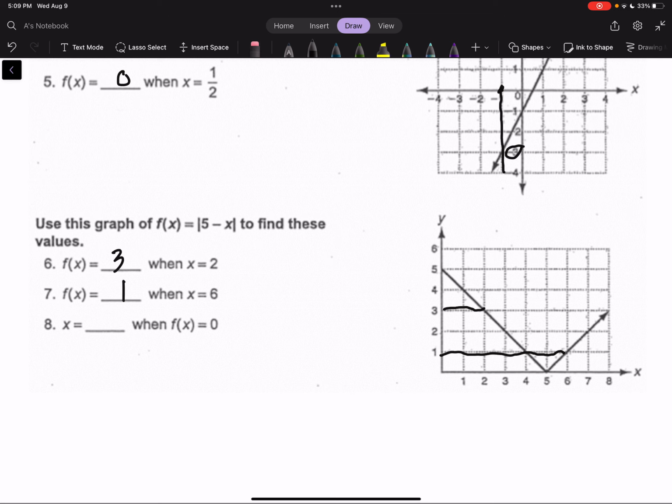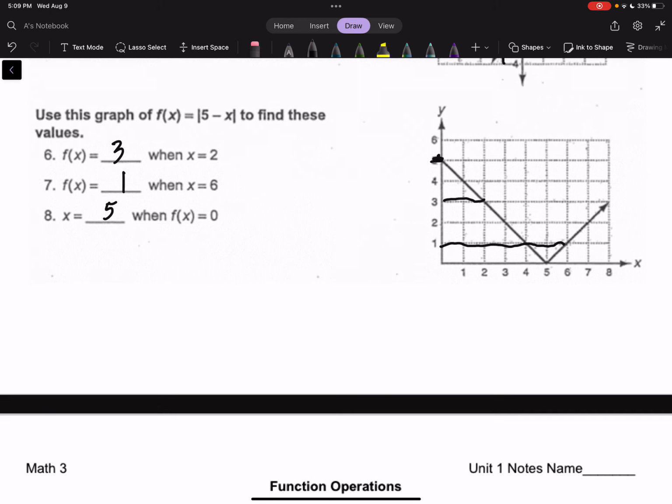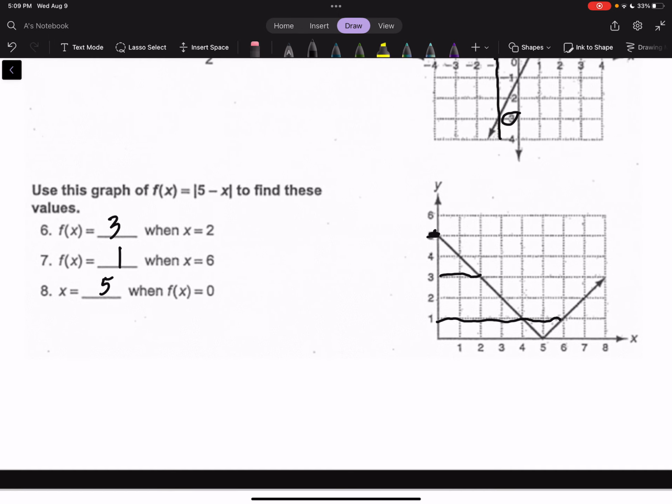And whenever x is equal to 0, we have 5. Alright. That is all that we are going to talk about today. Should be pretty easy.